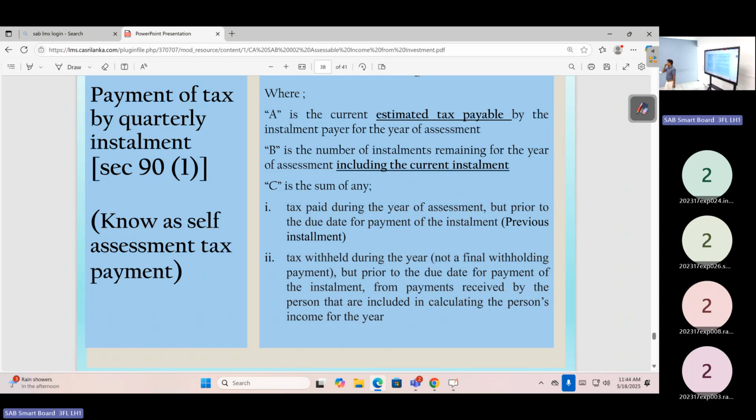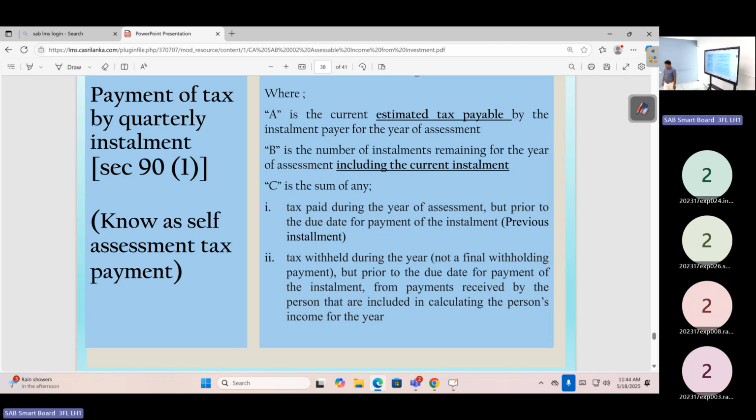So say by 30th November I have to make my self-assessment. If I couldn't make it, and didn't submit my tax return or self-assessment, then the assistant commissioner can issue an assessment to collect tax, based on his judgment with the available information. That assessment is recognized as a default assessment.